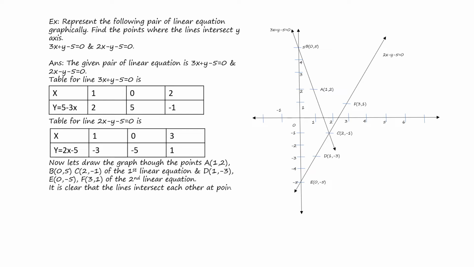It is clear that the lines intersect each other at the point (2, -1). Let the name of the point be C, and the line 3x + y - 5 = 0 intersects the y-axis at B (0, 5), and the line 2x - y - 5 = 0 intersects the y-axis at E (0, -5). Hence this is the answer.